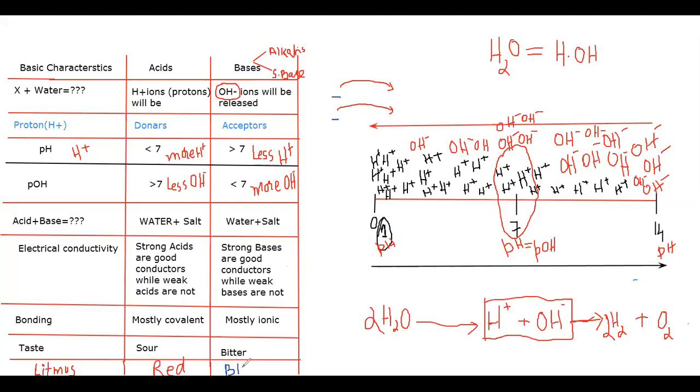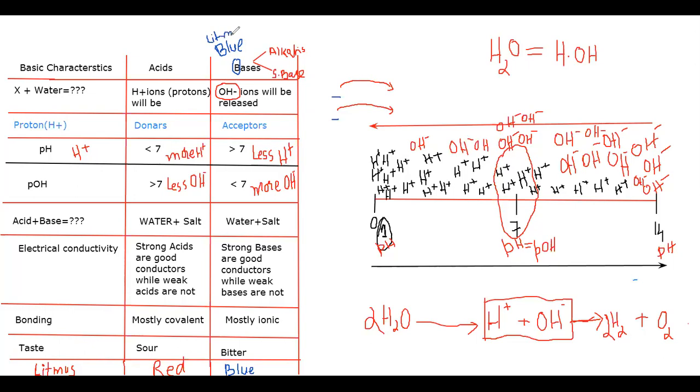Now, I will tell you an interesting thing, just for the understanding. What is the starting letter of base? That is B. That's why we use the litmus color blue. When you put the litmus in the base, it will turn blue. This is the litmus color.